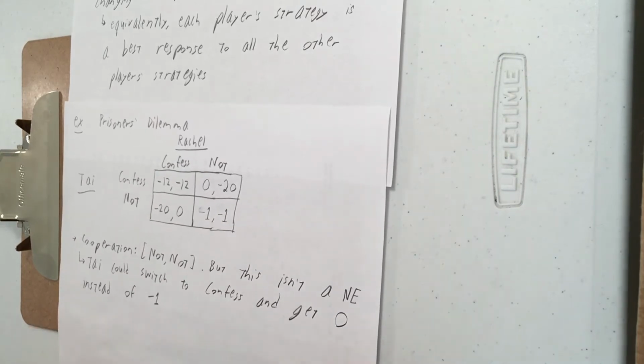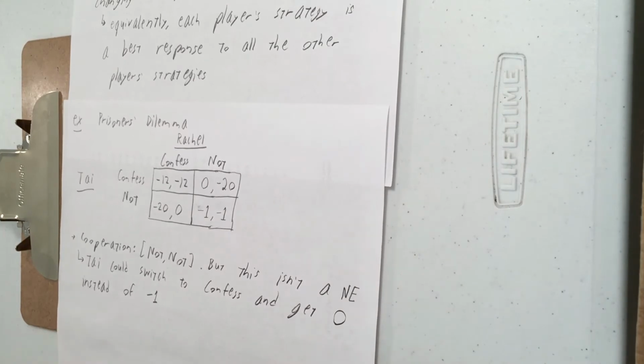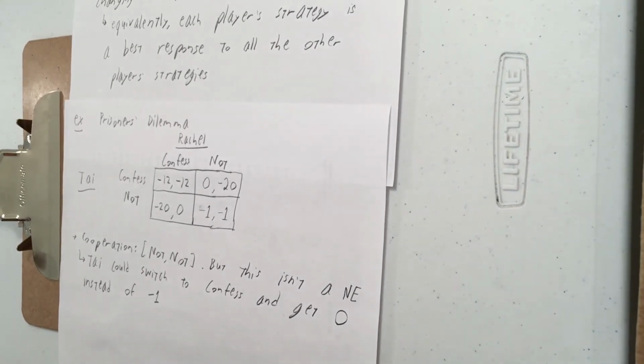And also, well, actually that'd be sufficient to show it's not a Nash equilibrium. You just gotta find one player who could deviate in one way, and that's enough to show it's not an equilibrium. Just to complete the example though, I'll also show you that you can look at Rachel's payoffs as well, and also show that she could also benefit by changing strategies.